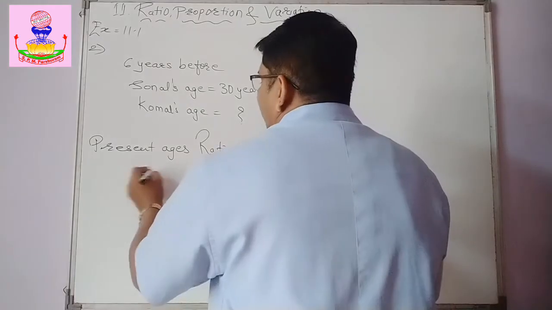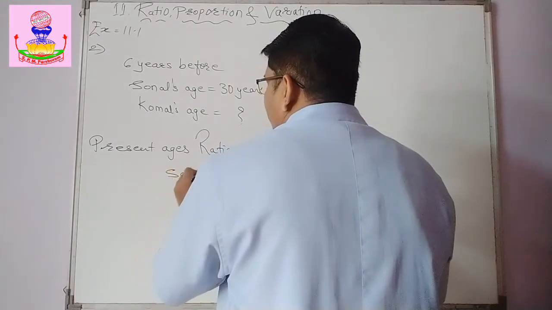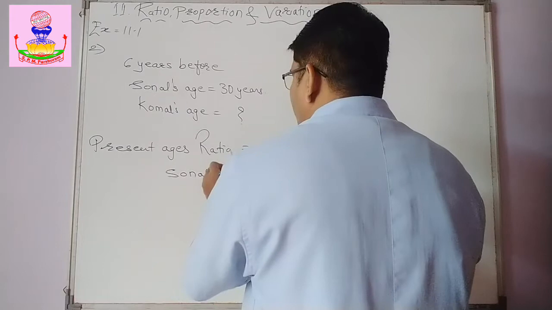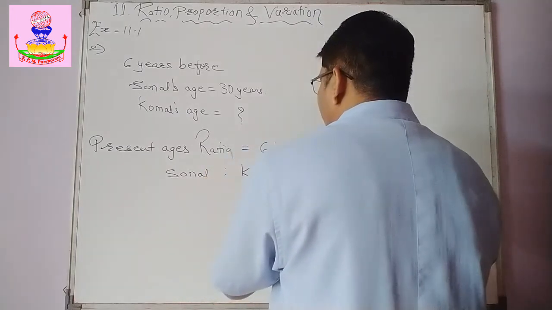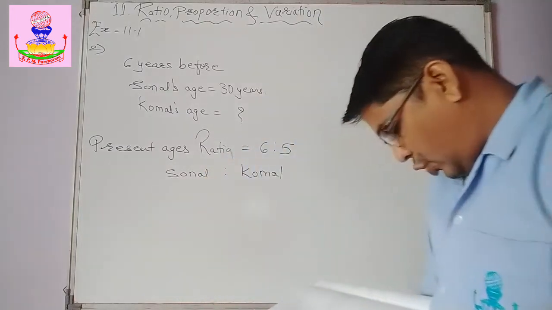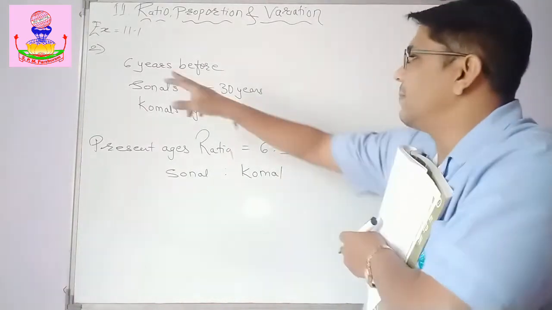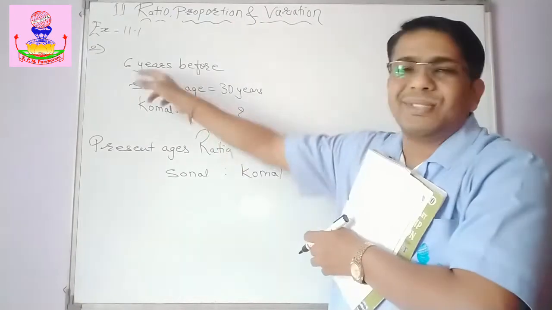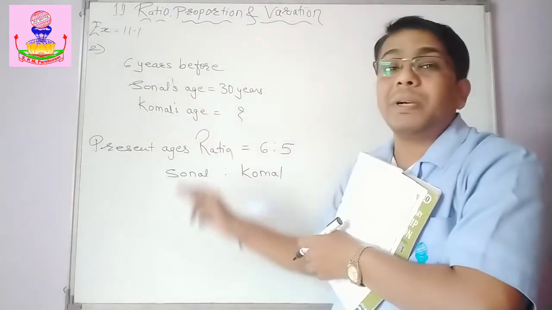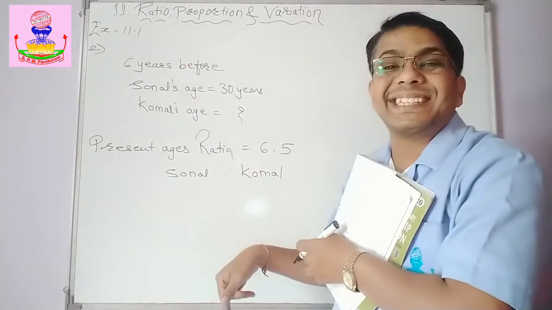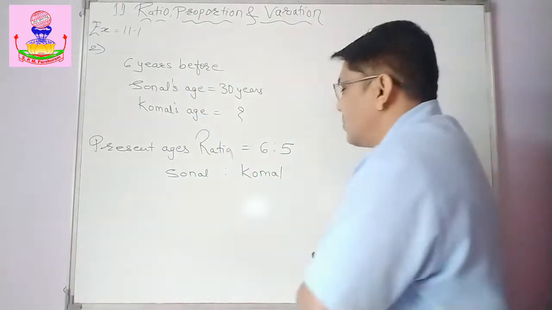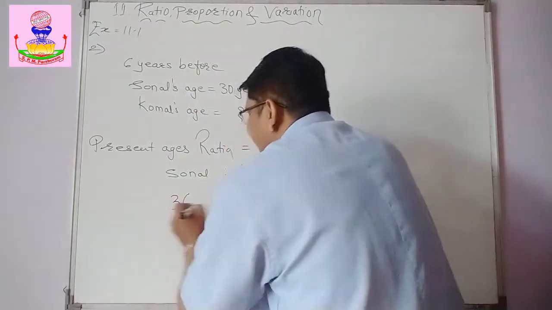Now see here, Sonal is to Komal, the ratio of Sonal to Komal is 6:5. Now 6 years before it was 30 years, Sonal's age. How much can it be now? 30 plus 6. It has increased by 6 years. So now it will be 36.